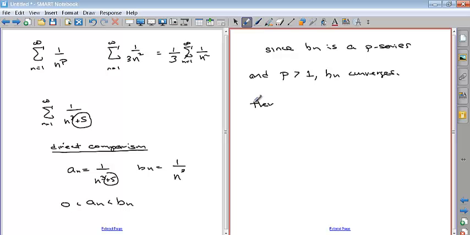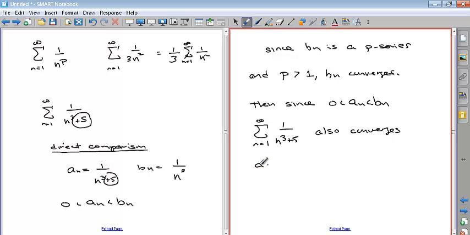Then, since a sub n is always less than b sub n, the series, the summation from n equals 1 to infinity of 1 over n cubed plus 5, also converges according to the direct comparison test.